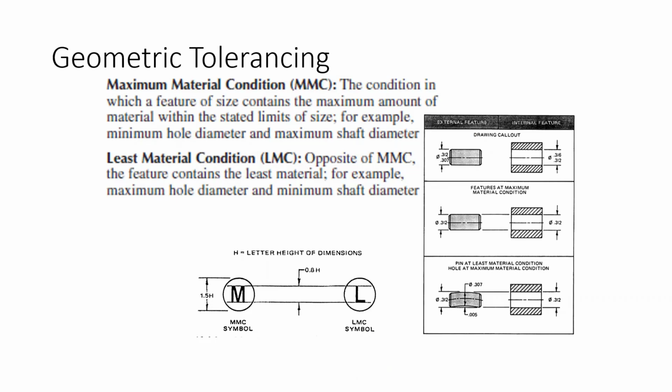Some other operators of geometric dimensioning and tolerancing include maximum material condition, which, just like the name says, is maximum material. I want you to think of that as if I had a part, and I'm talking about the outside diameter of a shaft, how heavy that shaft is going to be.